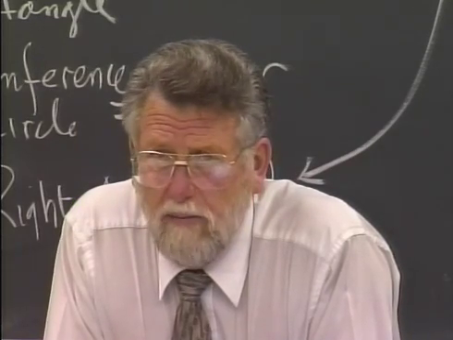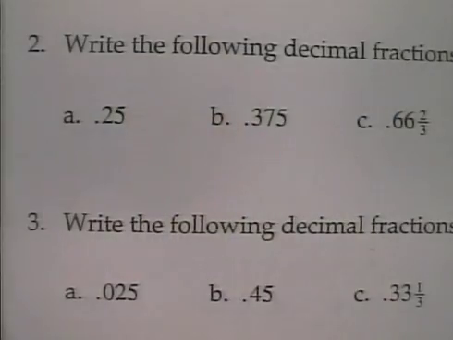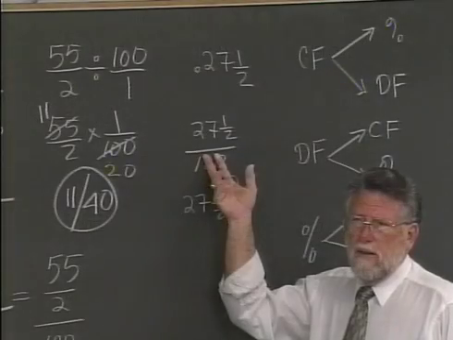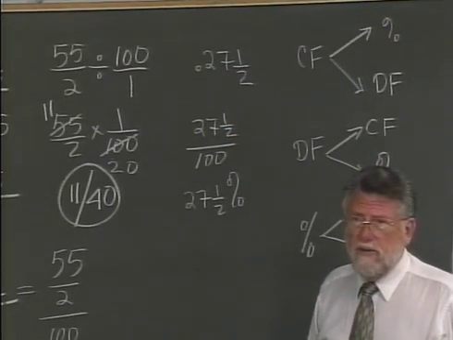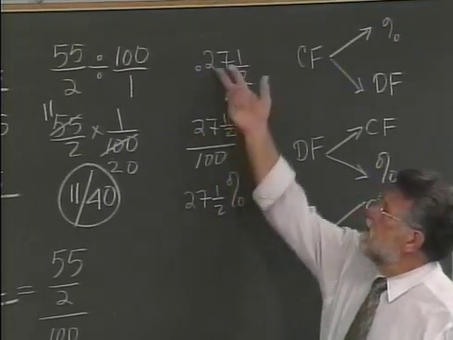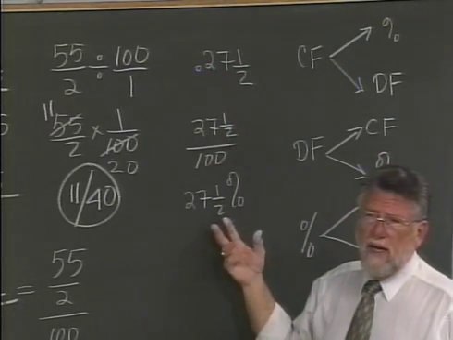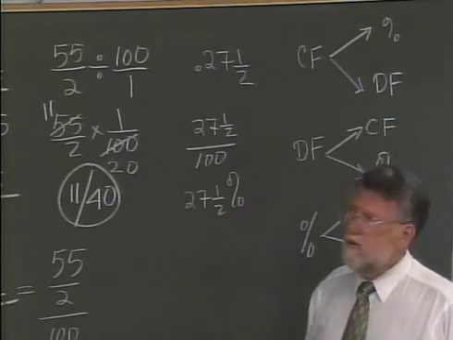Okay, let's come back to the book for a moment, Ernie. I'm starting with the decimal. I want to go to the percent. Let's look at this problem we did right here for a moment. I was at a decimal, and I wrote the decimal to what? The hundredths position. And that said 27.5 hundredths, so that gave me 27.5%.